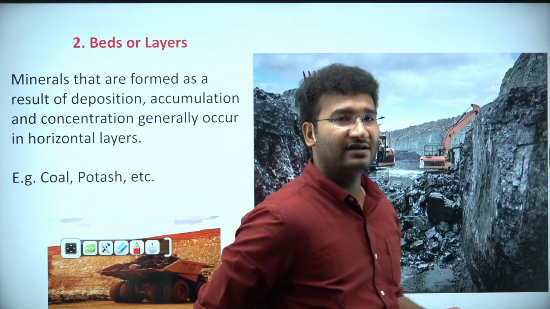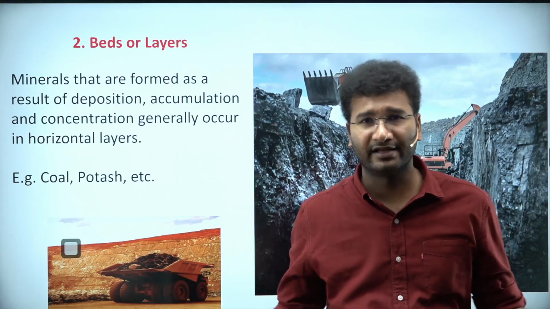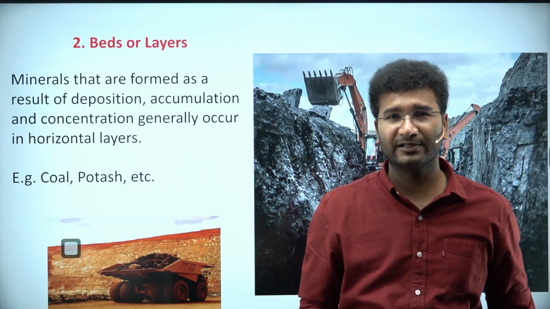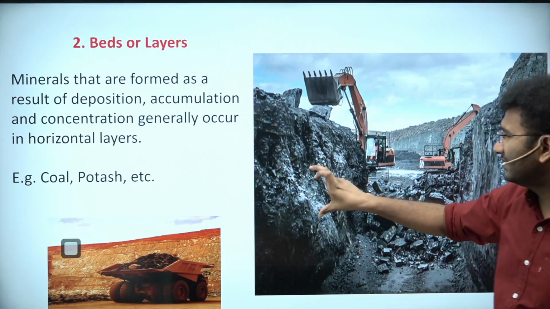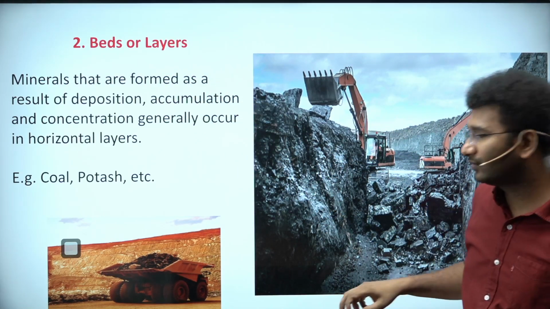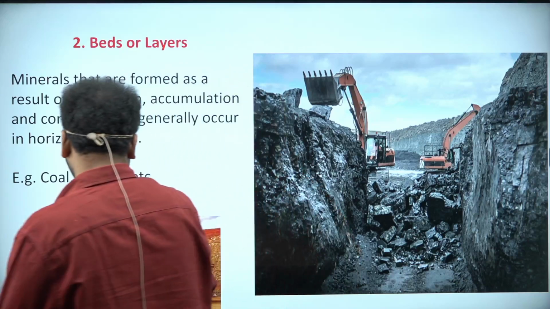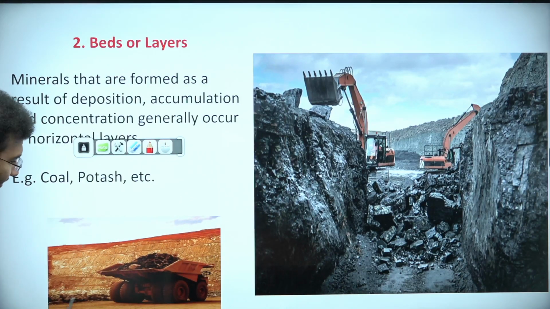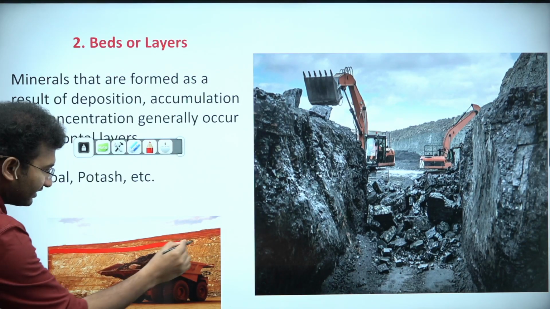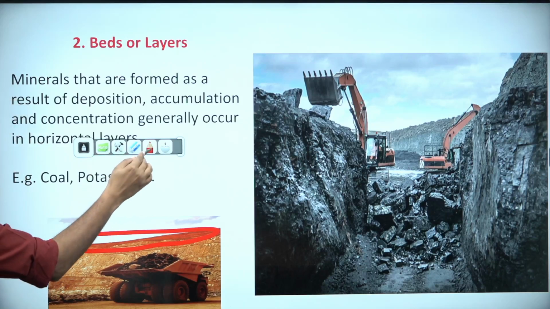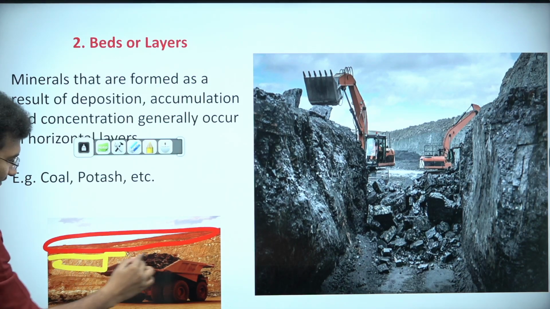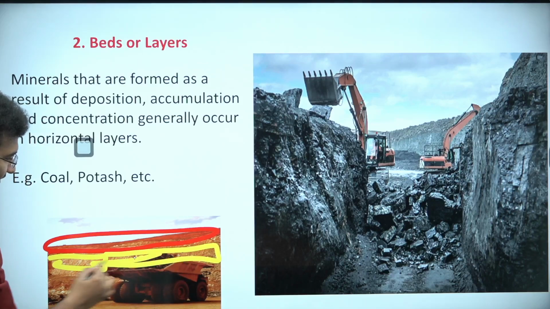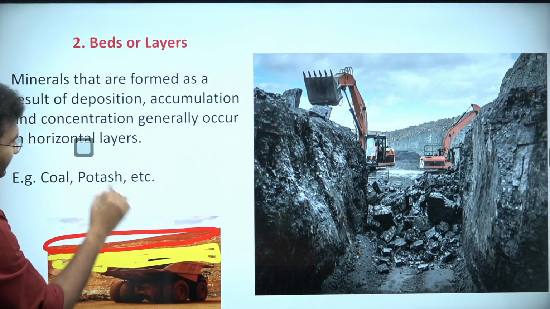Minerals are also present in the form of beds and layers. Beds and layers are nothing but a layer or a bed. You take the earth's crust, look at this particular area. This top layer is a little dark in color and the bottom layer is a little light in color. This light color component is called a bed.